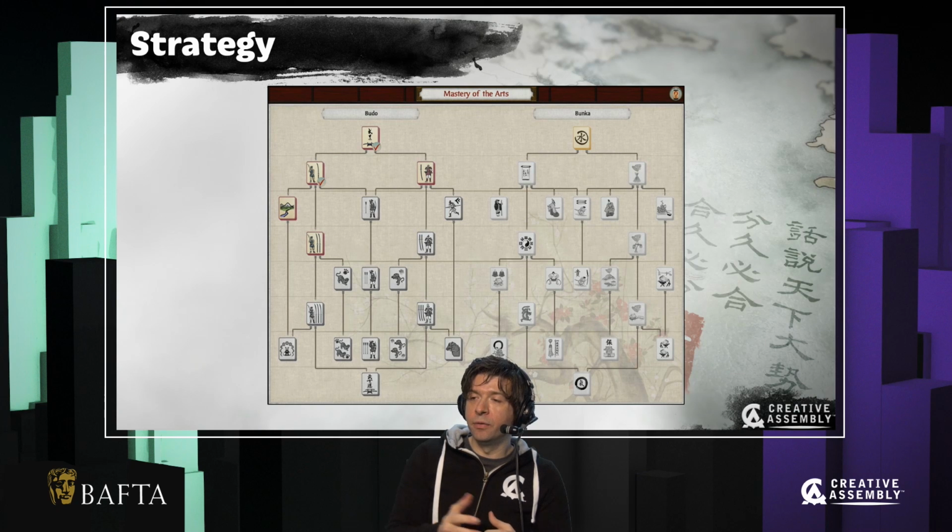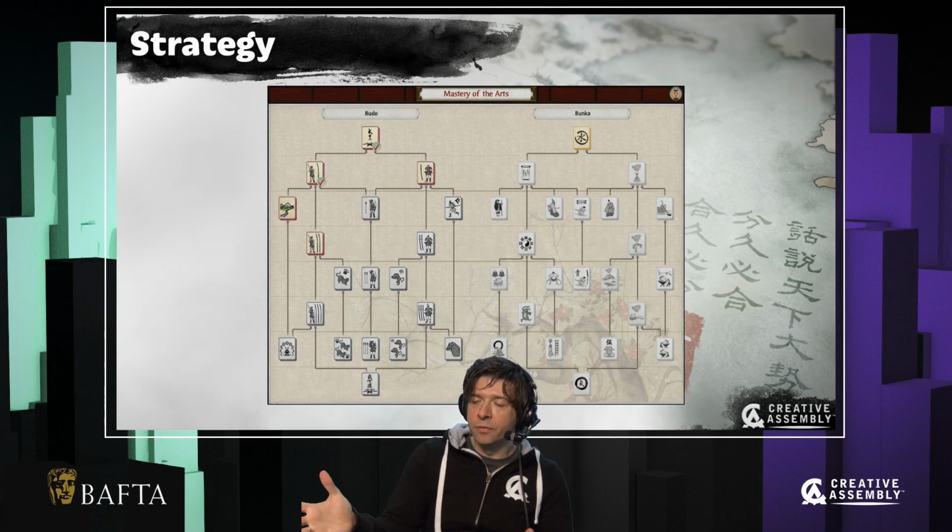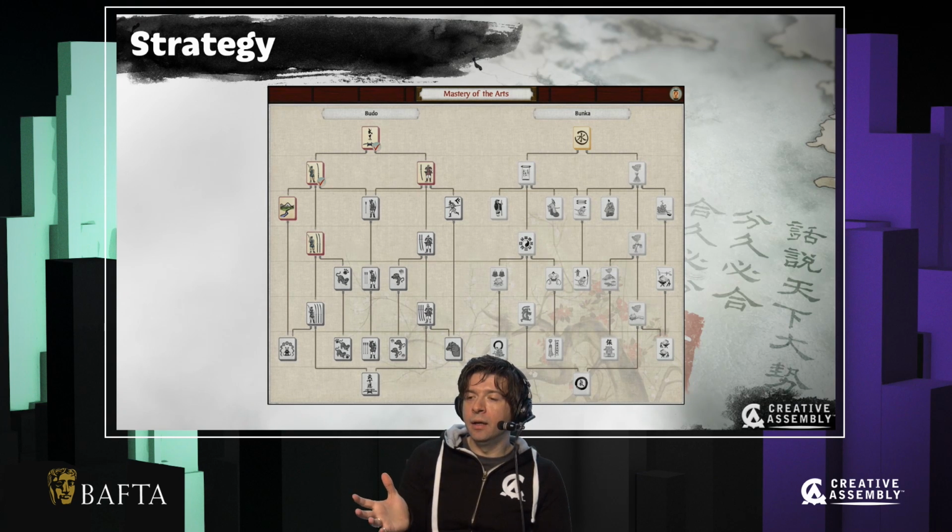This is the tech tree from Shogun 2, a previous Total War game released in 2012, and it's a fairly simple layout. Each technology typically took quite a while to research, and especially these lower ones at the end of each branch. They're quite a commitment. So going for these was really a commitment and a strategic goal on its own.